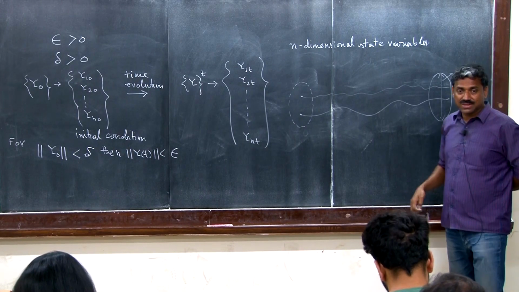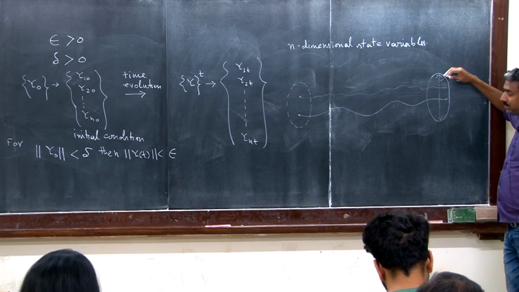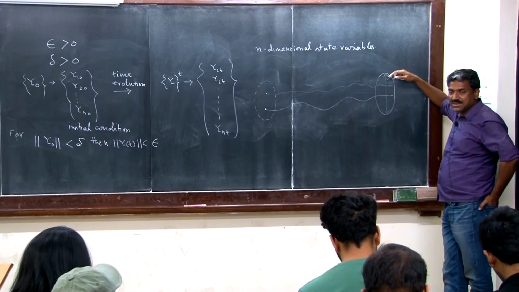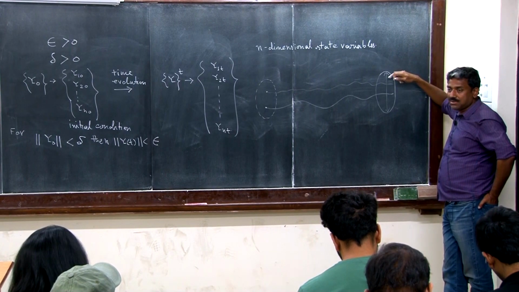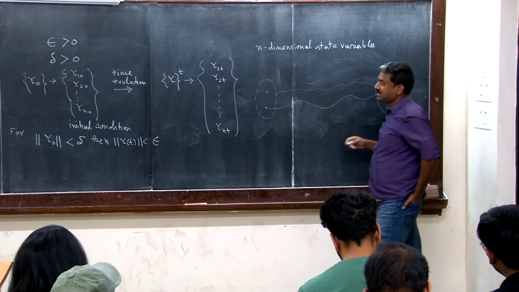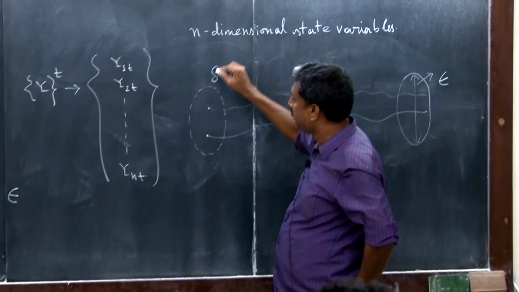You understand what I am saying? So, if there exists some epsilon, so that all these response variables, if they are plotted in state space, remain within epsilon, then there exists some delta, so that all the initial conditions remain within this delta.